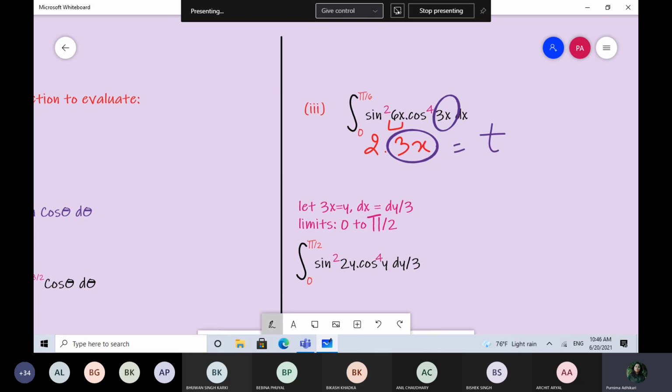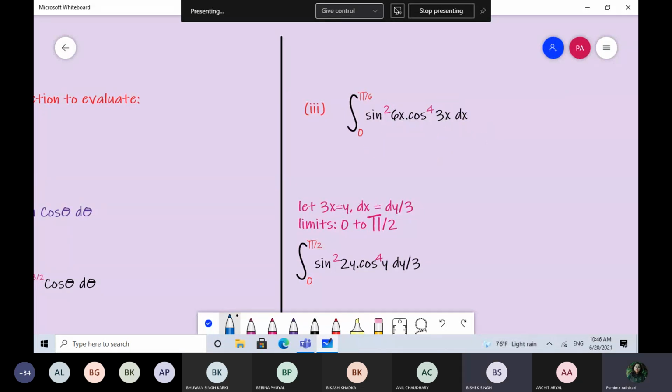But still, you haven't got your desired integral. What is the reason? We have not separated the sin 2y. Exactly. You can see the angle is multiplied by 2 and you don't want this 2.